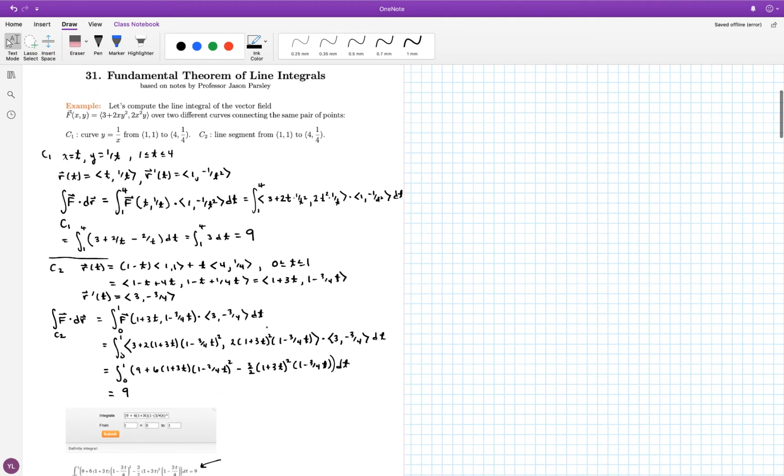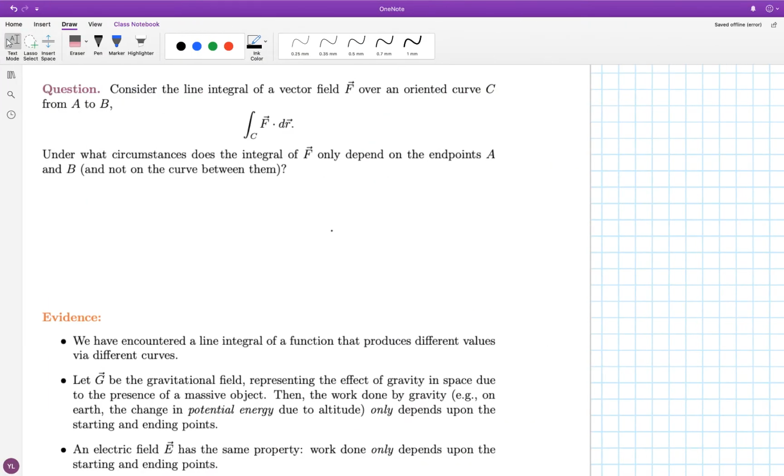So that's what we're studying in this section, these so-called path-independent vector fields. Here's one of the things that we're going to ask in this section. What is it about the vector field in the previous example that made this computation independent of the curve that I chose connecting a pair of points A to B?